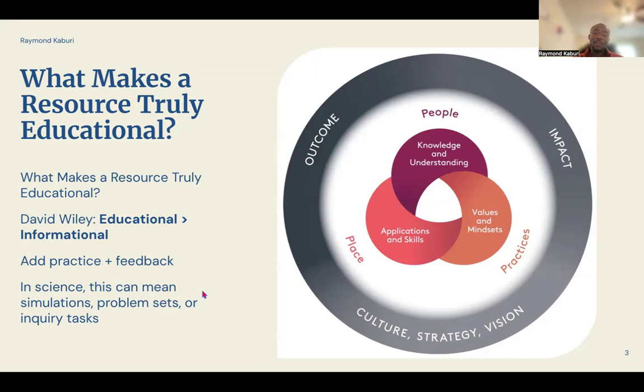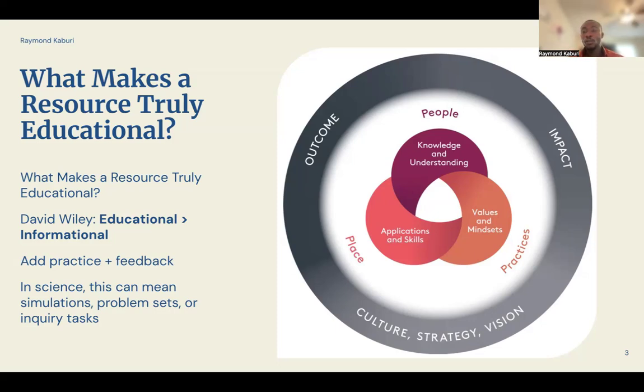And with AI, we see that it's not only educational and informational, but it also has practice with feedback, which we can all testify to. There are a lot of AI platforms, AI systems today that have all these components. They are educational, which we cannot dispute.